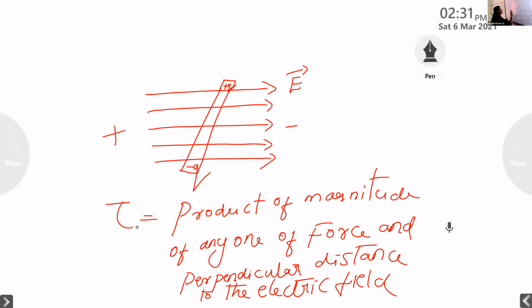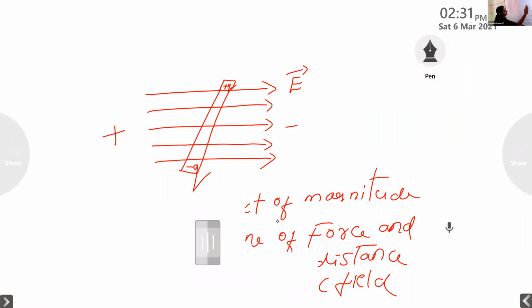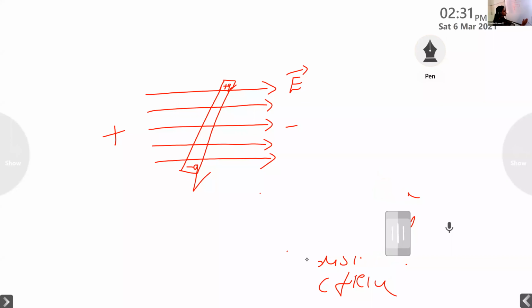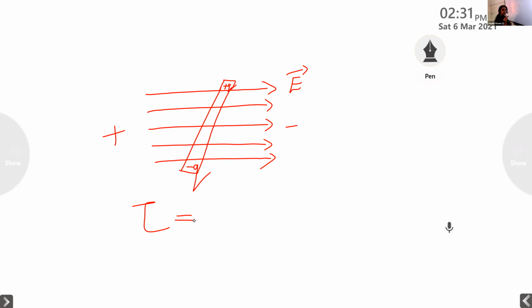In symbols, tau is equal to F cross R, where F is the magnitude of any one of the forces and R is the perpendicular distance to the electric field. So this is the equation for calculating tau.